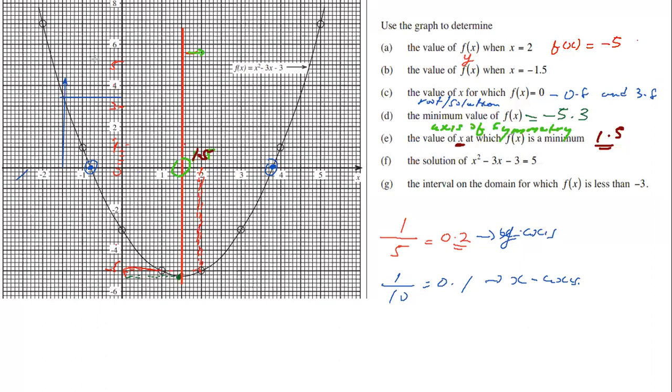We go to 5 on the y-axis, and then we go down to read the values.